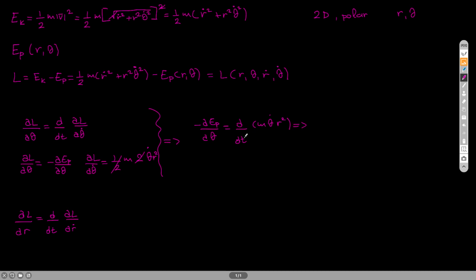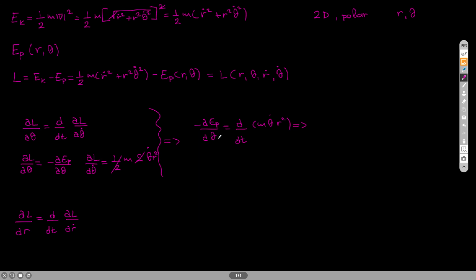The only factor that depends on time... well, I changed my mind. I'm not going to do any work on this term with the derivative at this point. I'm going to stop here. I will work on this when I'm done with the other equation as well.